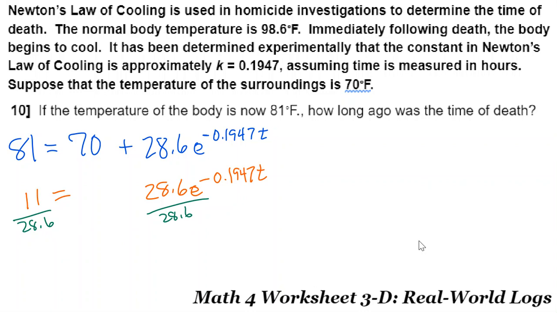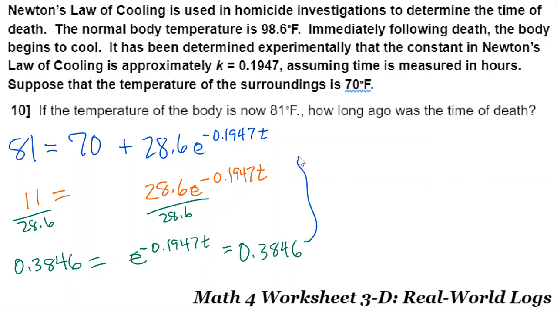And 11 divided by 28.6 gives me 0.3846 equals e to the negative decimal t, which I'm going to bring that decimal over here, and we're going to rewrite this as log of e and this decimal, and the exponent goes over here.